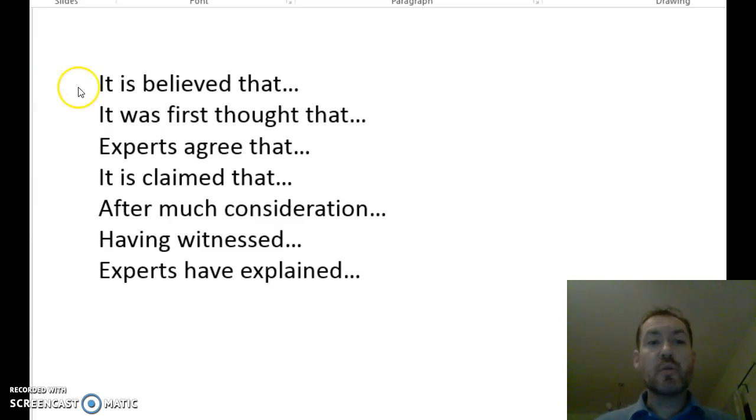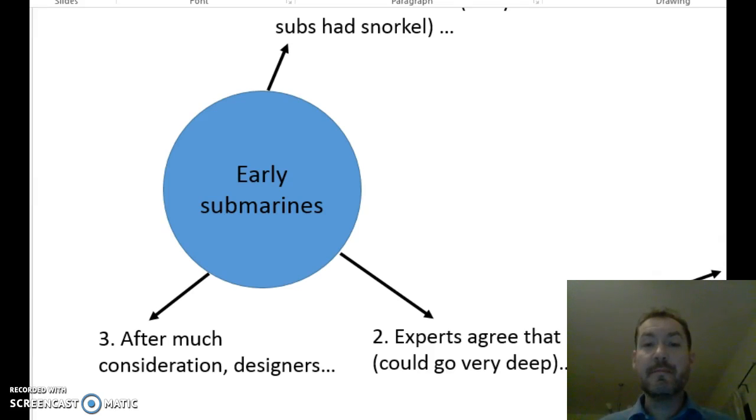We could use the word it is believed. So I could begin my sentence with, it is believed that the early submarines only had snorkels in which to take air inside the submarine. So that's going to be my first sentence.